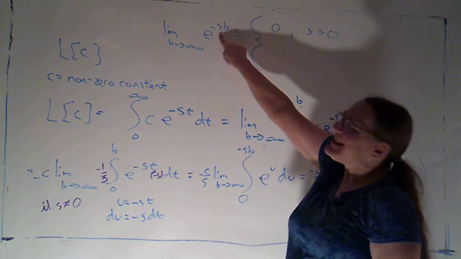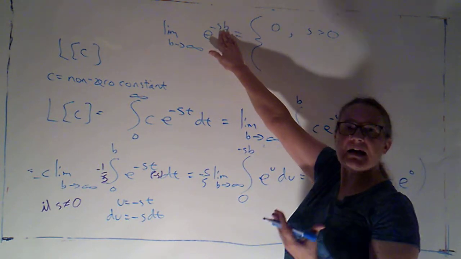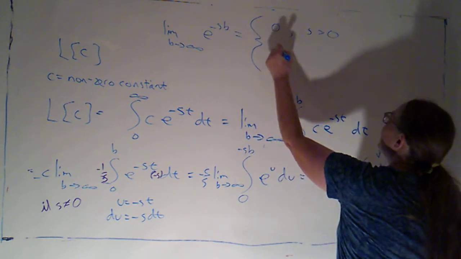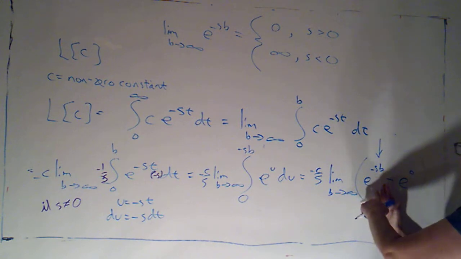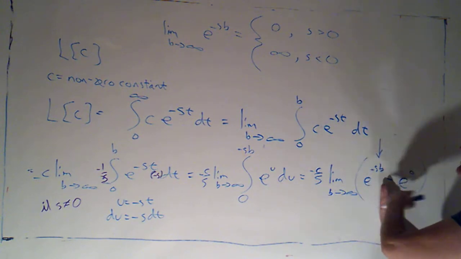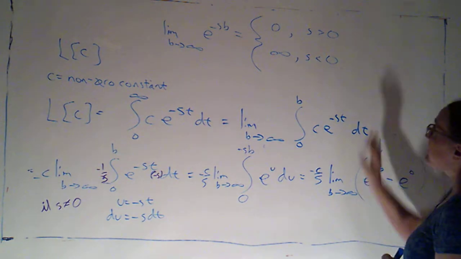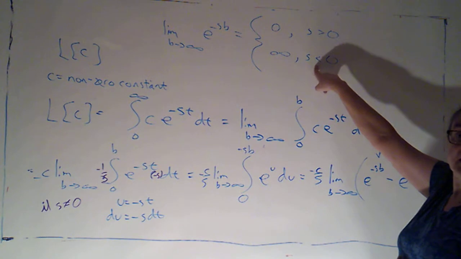But if s is negative, that's going to make this exponent go off to positive infinity, in which case we're going to get infinity. Now, if we get infinity here, that's going to cause the integral to diverge. So, s cannot be less than 0 because that will cause the integral to diverge.